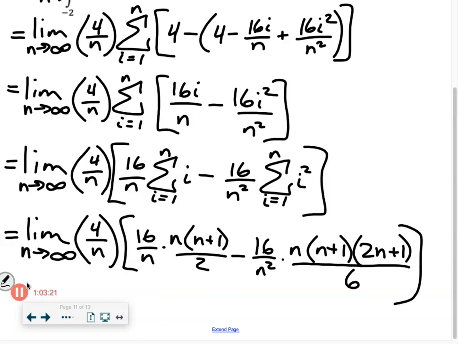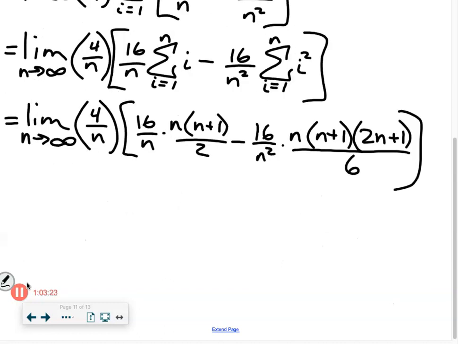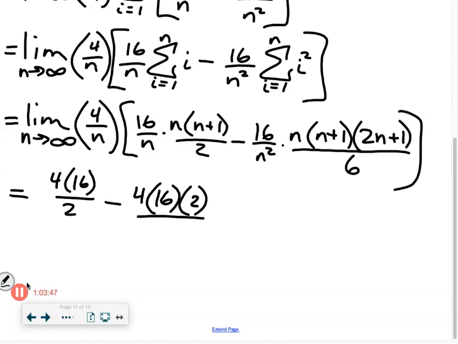All right, be careful. So the first limit, we have an n squared over an n squared. So you have 4 times 16 over 2. The second limit, you have an n cubed over an n cubed. Your leading coefficient is 4 times 16 times 2 over 6.